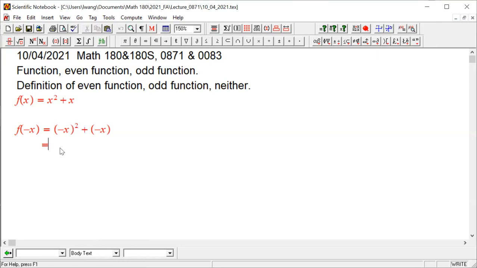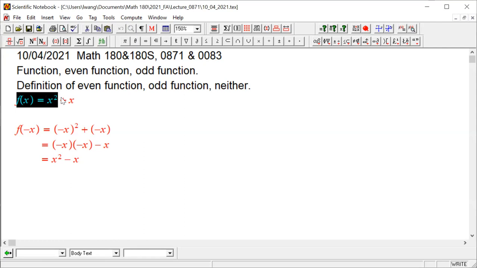Negative x squared is going to be negative x times negative x, plus negative x, that's just going to be minus x. Negative x times negative x is going to be x squared, because negative times negative is positive. So it's going to be x squared minus x. So that's f of negative x.